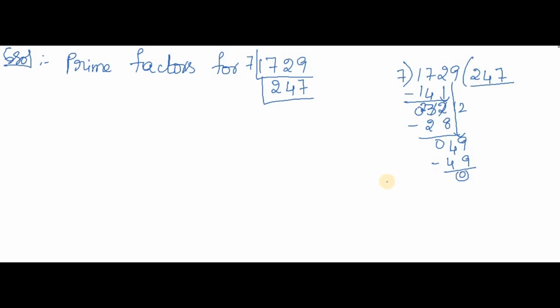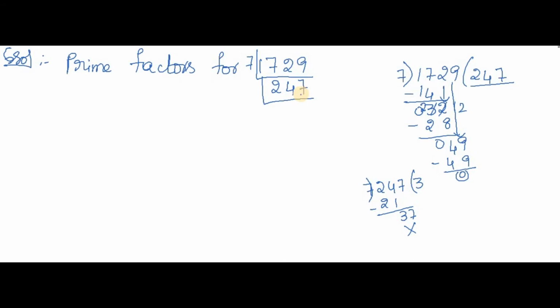Again, shall we try this with 7 table only? 7 3s are 21, 37. Okay, 7 table will not come here. And what is the next table? We'll see 8 table also will not come, because 8 3s are 24 and 7 is there.